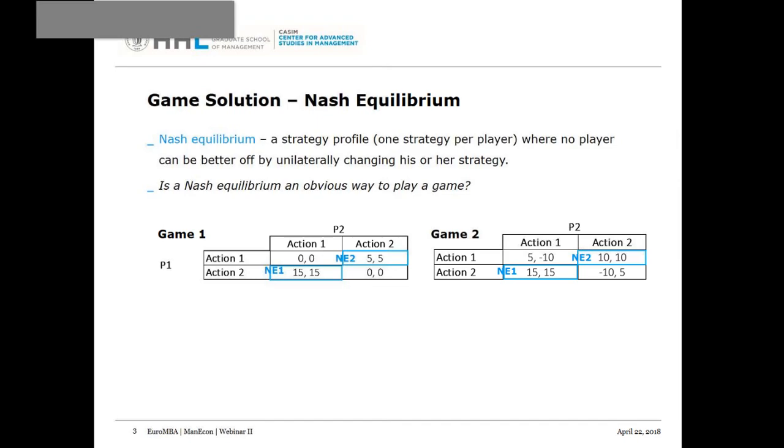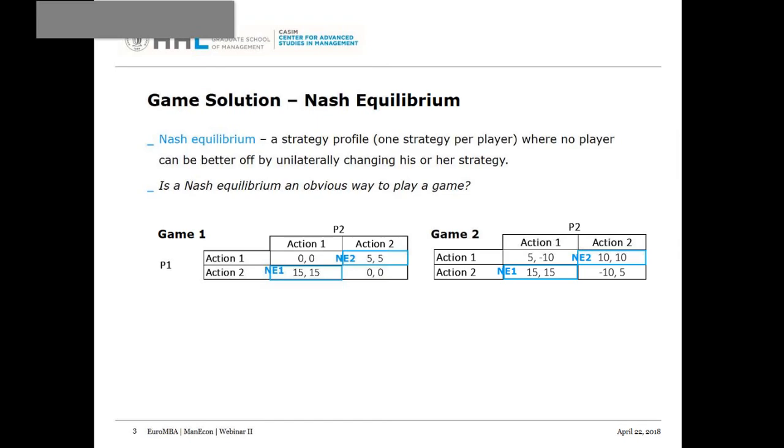Why? If you are player 1 and you think about what player 2 is going to do, you look at the actions he has. In action 1, he might win 15, but he might also lose 10. In action 2, he might win 10 or 5. So this action is a so-called secure strategy, because the minimum payoff he can get is 5. In the other case, he can lose something.